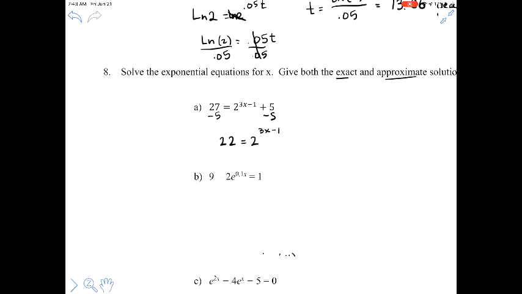Now I can cancel that base using a log base 2. So I've got log base 2 of 22 equals 3x minus 1. Now I'm going to add 1.